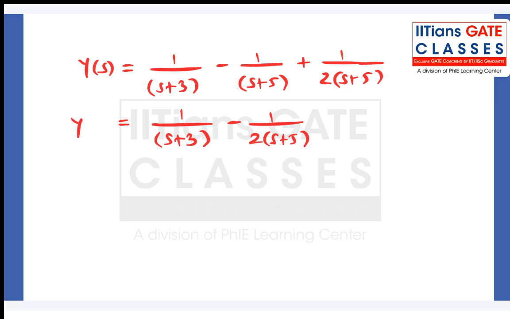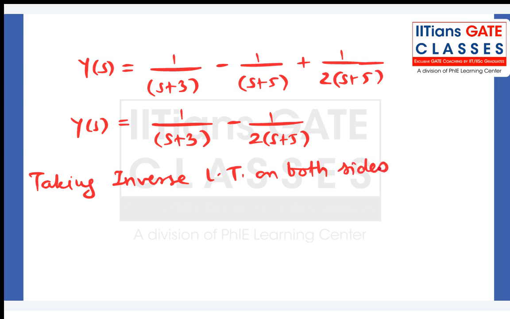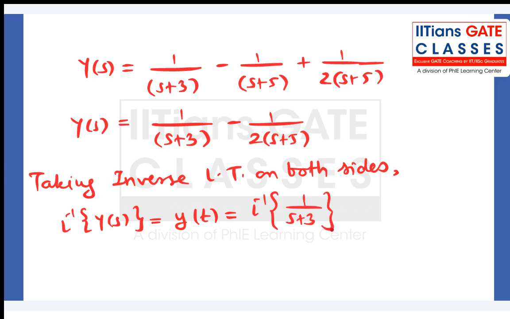And now you are supposed to take inverse Laplace on both sides. Inverse Laplace of this capital Y will be your small y function in the time domain, and inverse Laplace of 1 by s plus 3 minus, keeping this half outside, inverse Laplace of 1 by s plus 5.